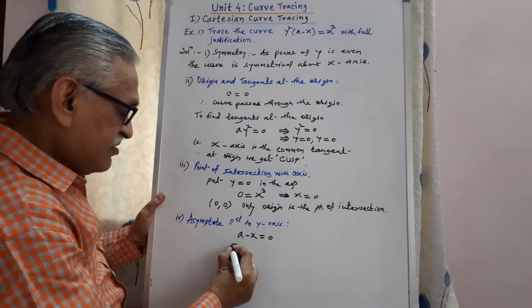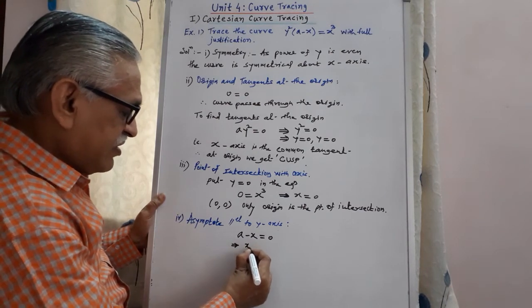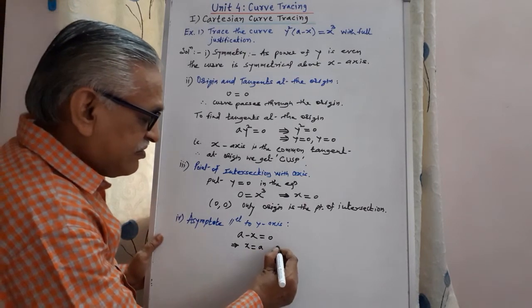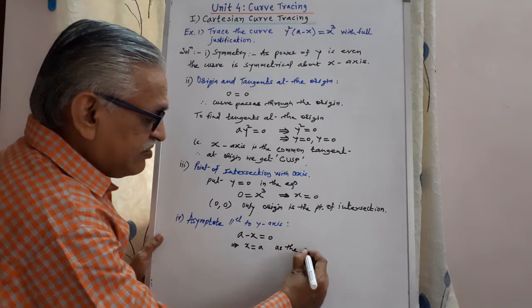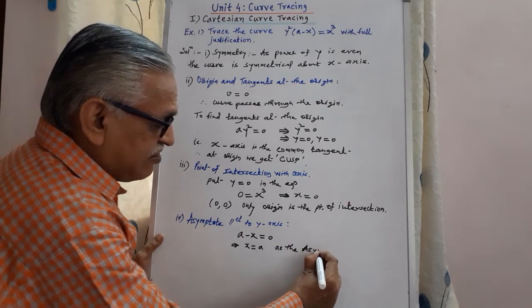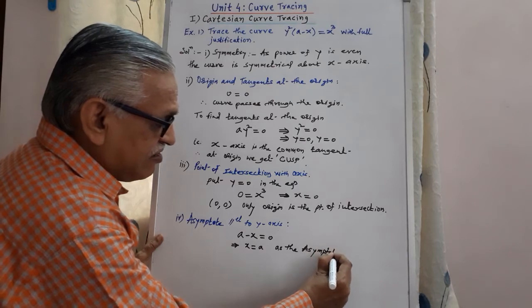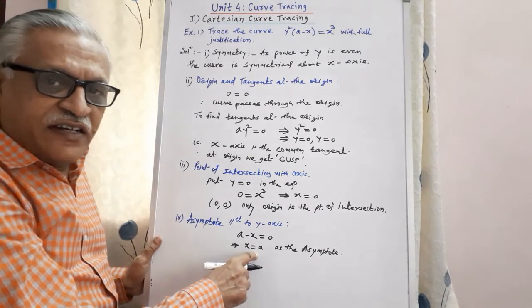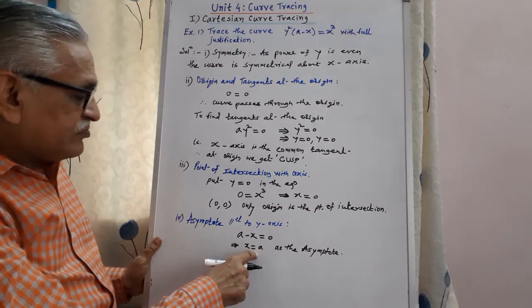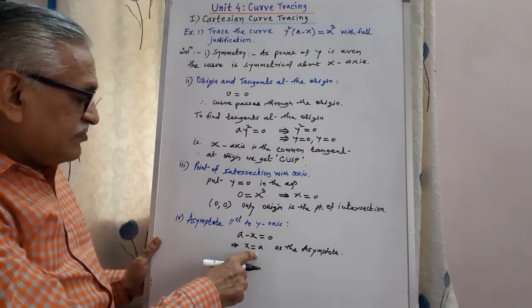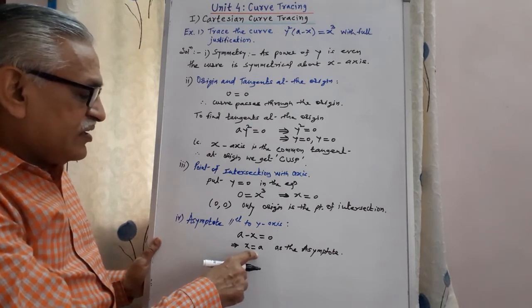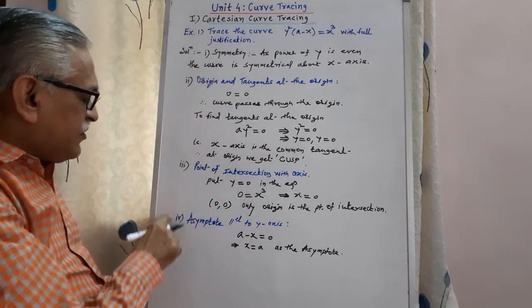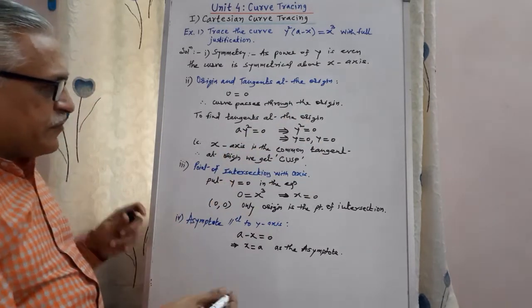It implies we get x is equals to a, a line parallel to y-axis, as the asymptote. This line is the tangent at the infinity point, and therefore we try to show all these four points, whatever I have discussed, in the figure.